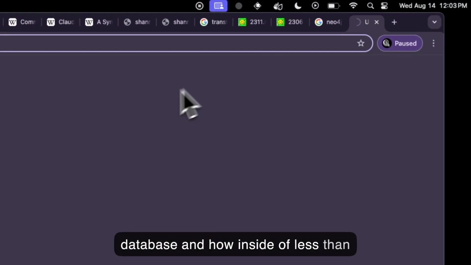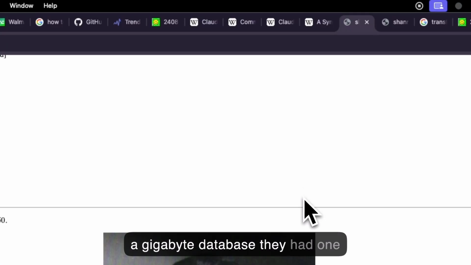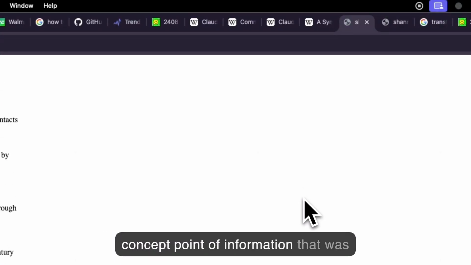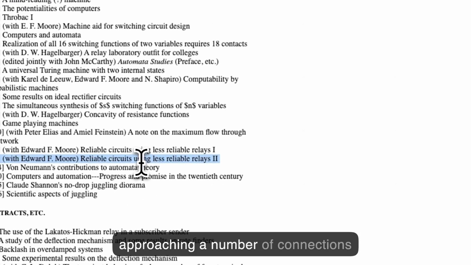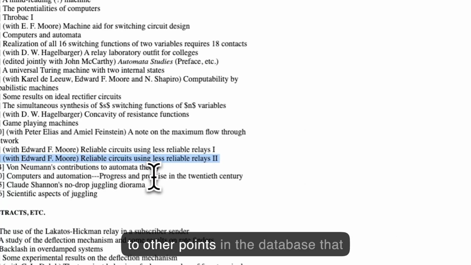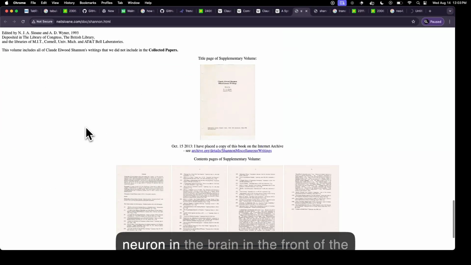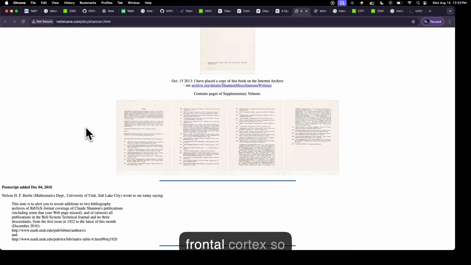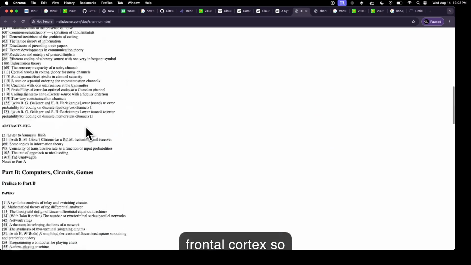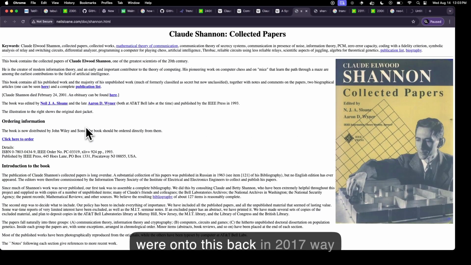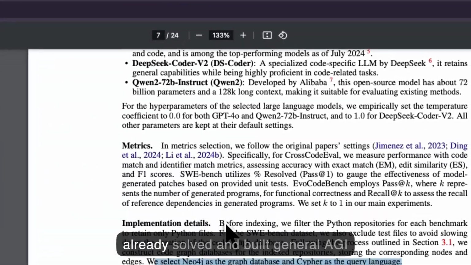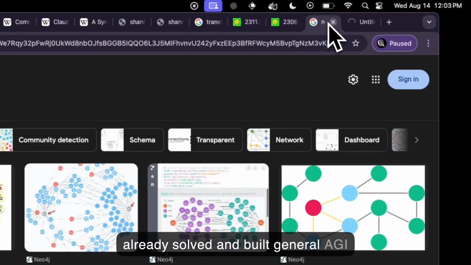And inside of less than a gigabyte database, they had one concept point of information that was approaching a number of connections to other points in the database that was near the density of a pyramidal neuron in the prefrontal cortex. So they were onto this back in 2017, way ahead of everybody else. And they made serious claims to having already solved and built general AGI.